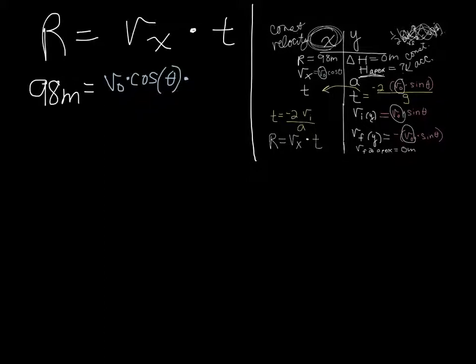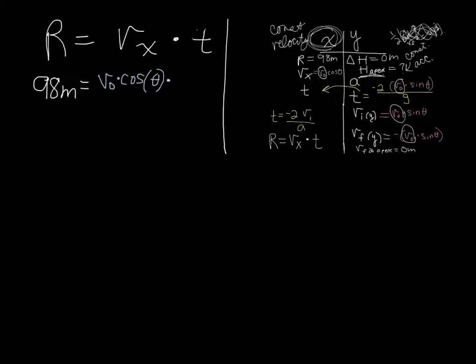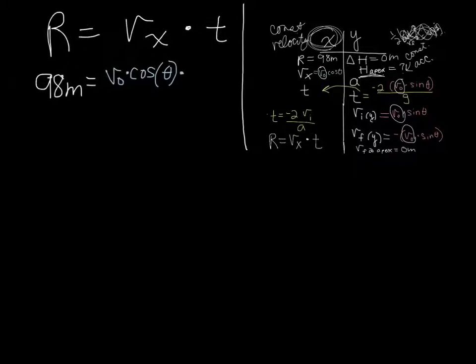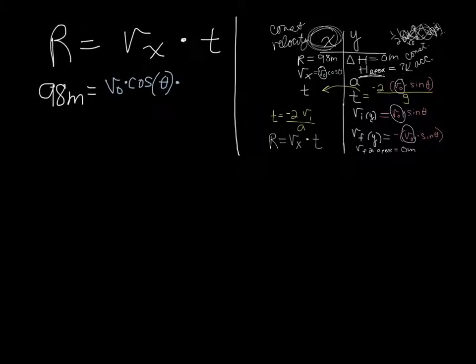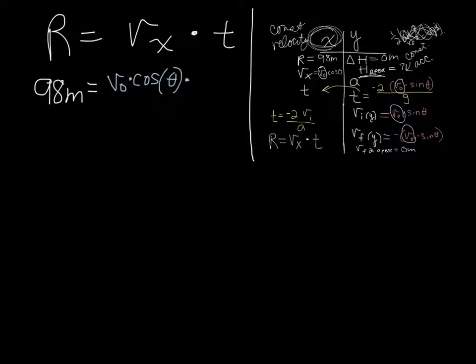Let me just go down to the next line. So then that is multiplied times t, which is negative 2 vi over g, right?